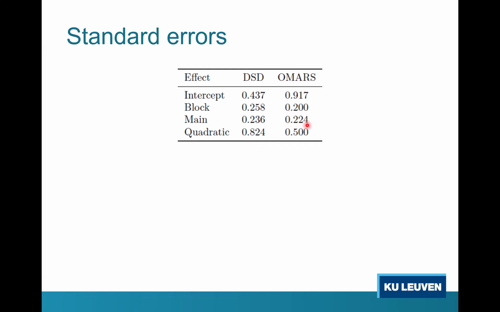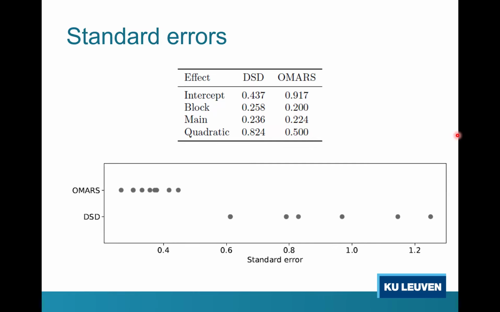So that means you can estimate the main effects better, a little bit better, I should say. When it comes to the quadratic effects, you can see that the quadratic effects have a much smaller standard error. So the quadratic effects are estimated much better with the OMARS design than with the definitive screening design.